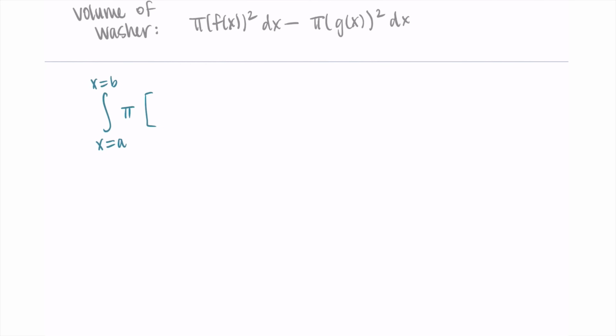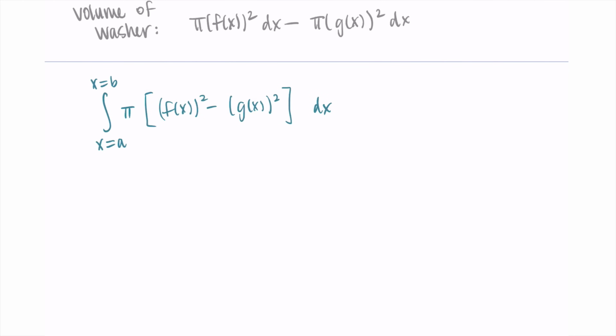Okay, so our version where we revolve around the x-axis uses x as the variable. And so we do pi times, I'm going to factor that pi out since it's in both of these. And so then I just have left over f of x squared minus g of x squared, and then my dx is at the end.